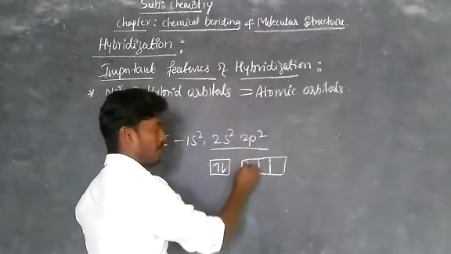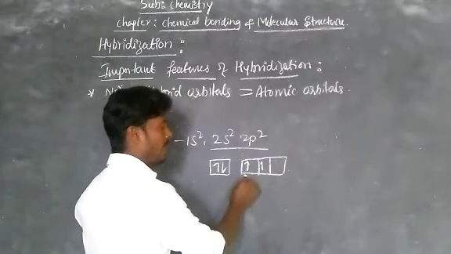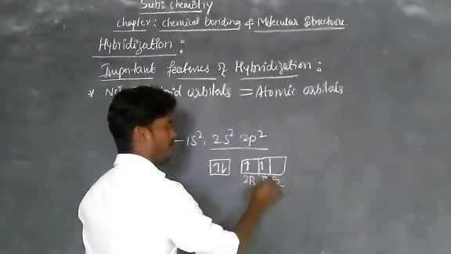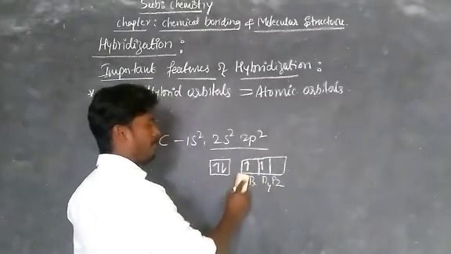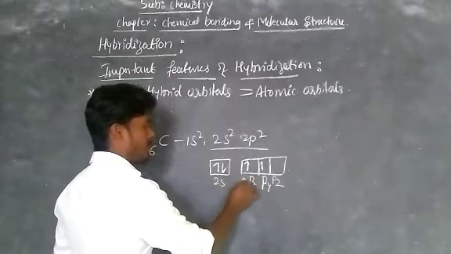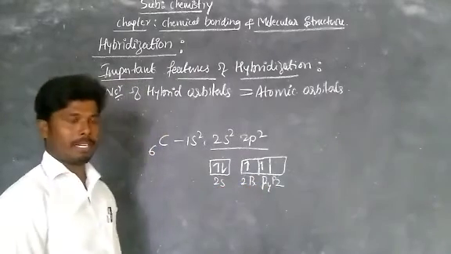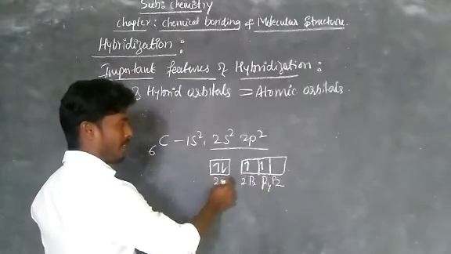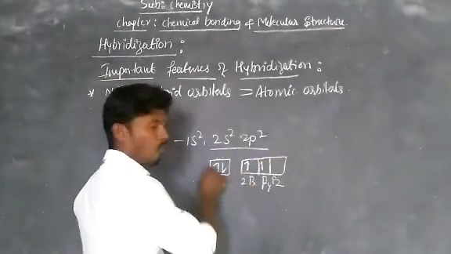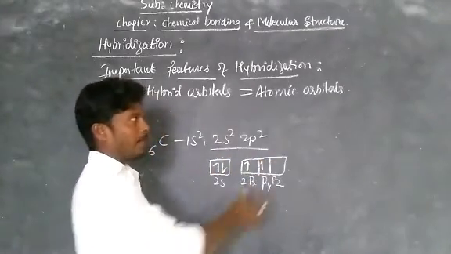Here 2px, 2py and 2pz under the second shell. Now this is the 2s orbital, and these are 2px, 2py and 2pz orbitals. These 4 orbitals we call atomic orbitals.